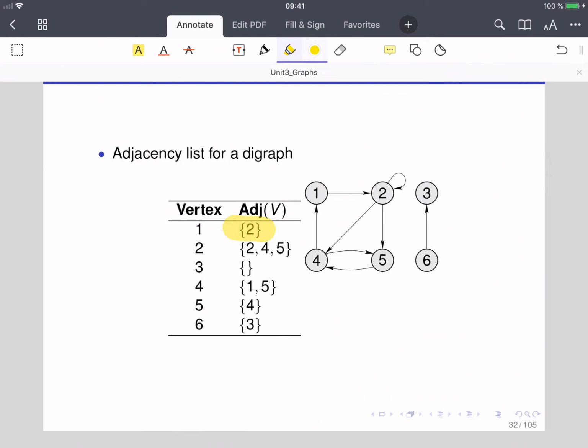Okay, for instance, in this case the only vertex that is adjacent to 1 is 2. In position 2 we are going to store all the vertices that are adjacent to 2. In this case 2, because there is a loop, okay, 4 and 5. Okay, in position 3 we are going to store the list of the elements that are adjacent to 3, but there is no vertex that is adjacent to 3, so this list is empty. This can happen, of course.